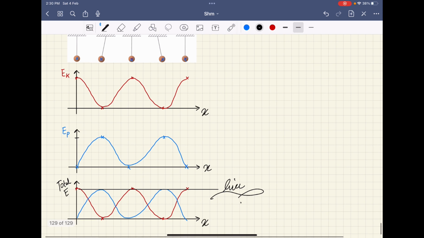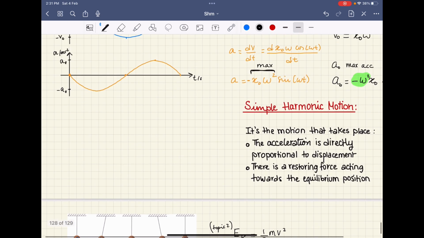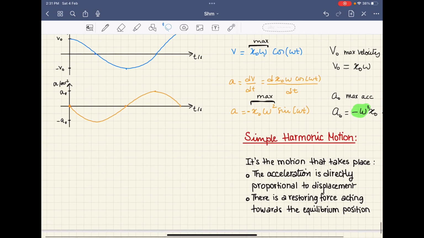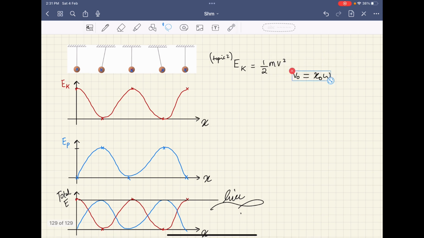Now, we know that kinetic energy is equal to half m velocity squared, and this is from topic 2, of course. What we took right now is that the maximum velocity is equal to what? This is the maximum velocity, v0, which is equal to x0 omega.